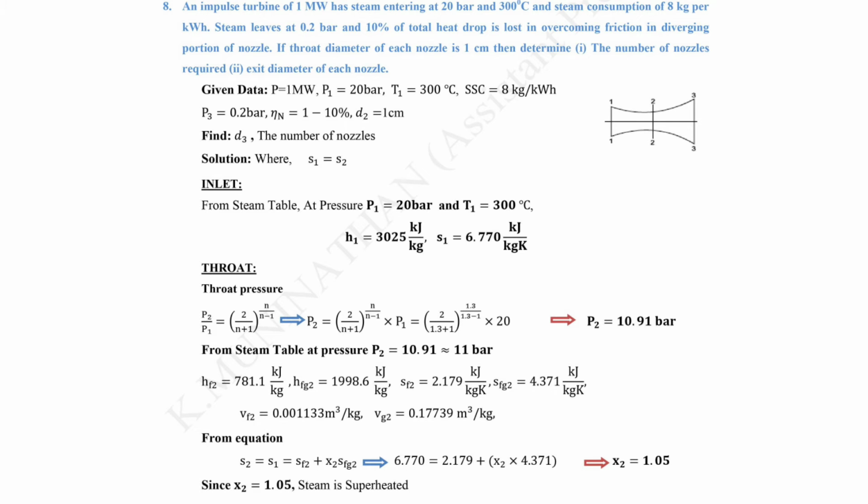Now this is an impulse turbine problem. The impulse turbine of 1 megawatt has steam entering at 20 bar and 300 degrees Celsius, and steam consumption of 8 kg per kilowatt hour. Steam leaves at 0.2 bar and 10% of the heat drop is lost due to friction in the diverging portion of the nozzle.